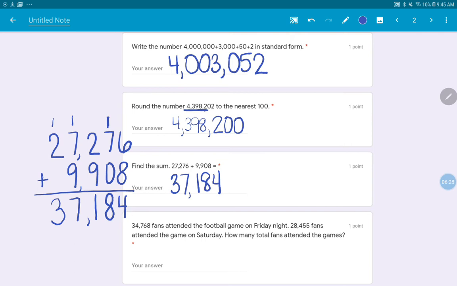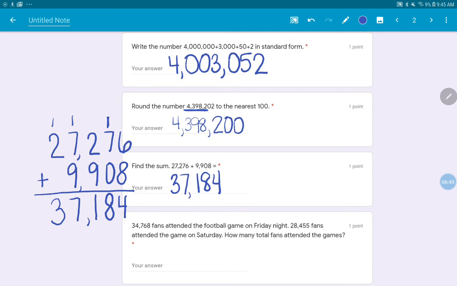All right, the next question says 34,768 fans attended the football game on Friday night. 28,455 fans attended the game on Saturday. How many total fans attended the games?